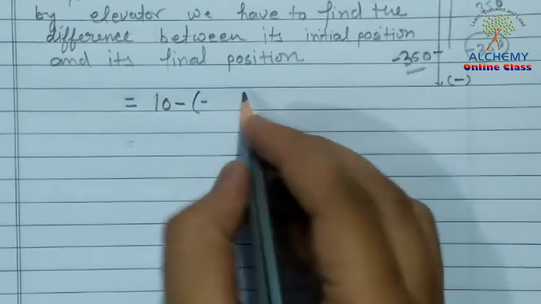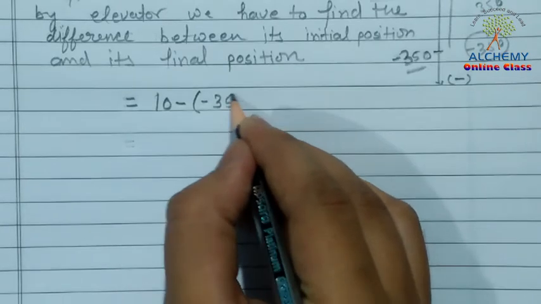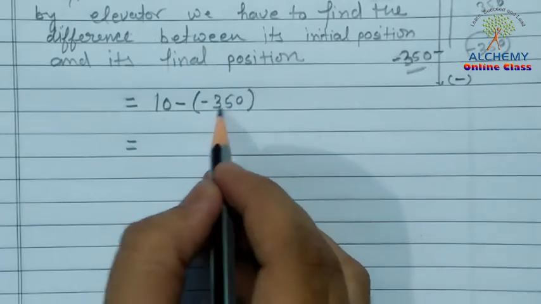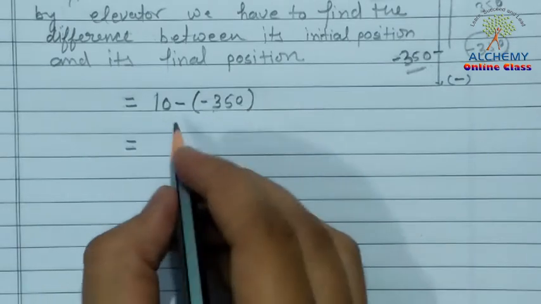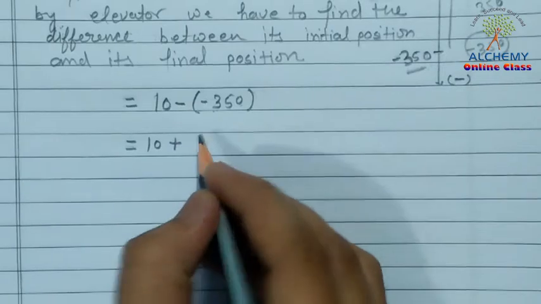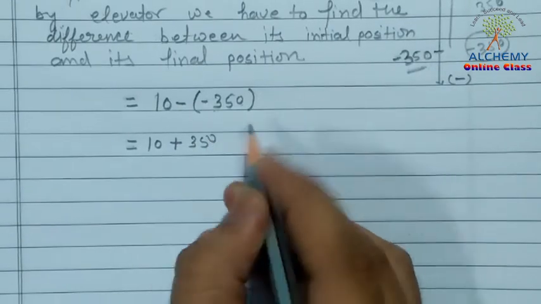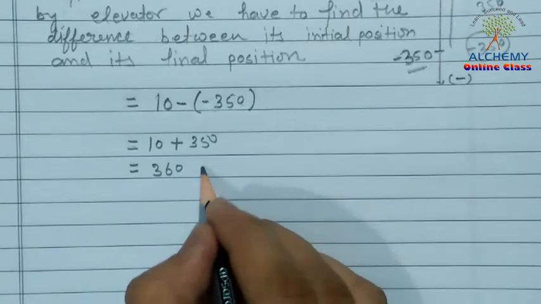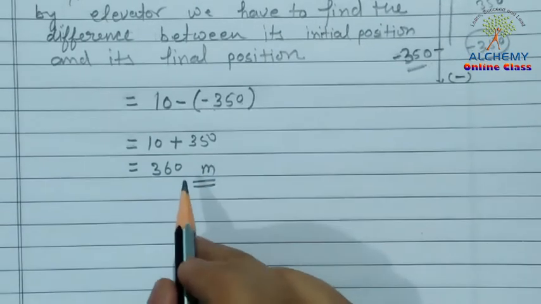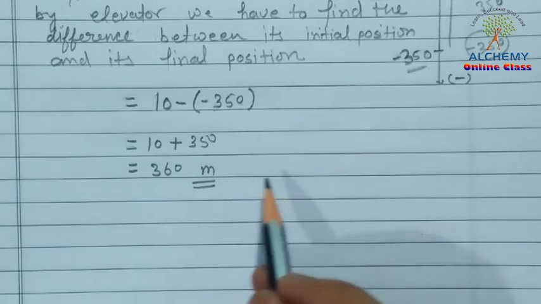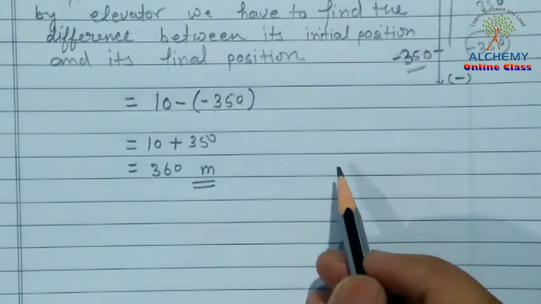So 10 minus minus 350 will be plus 350, and we get here 360 meters. It means that the elevator traveled 360 meters as total distance.